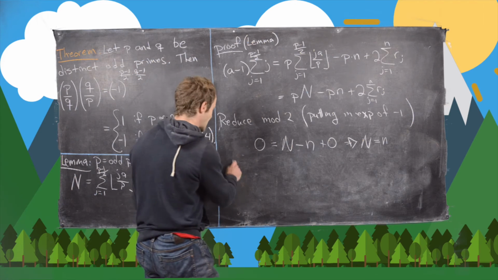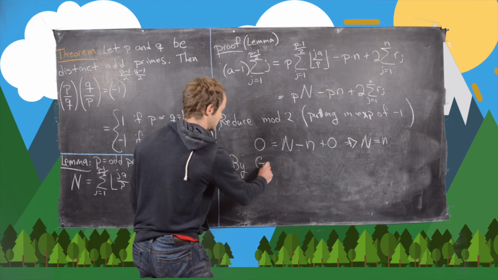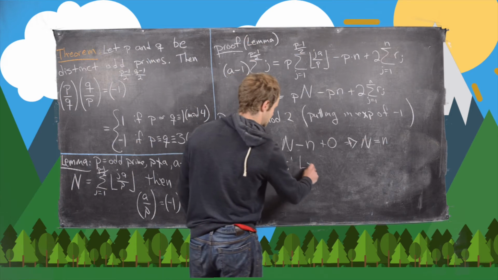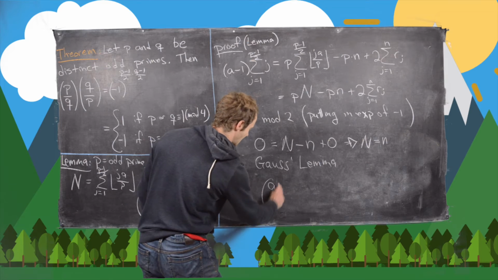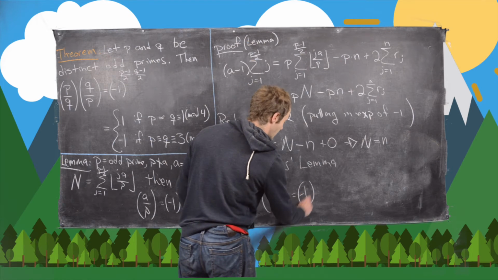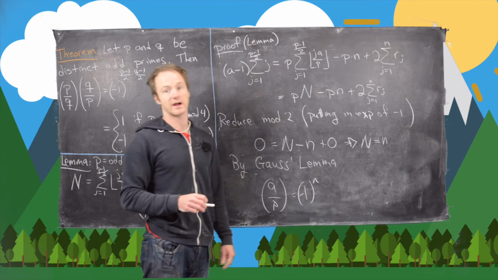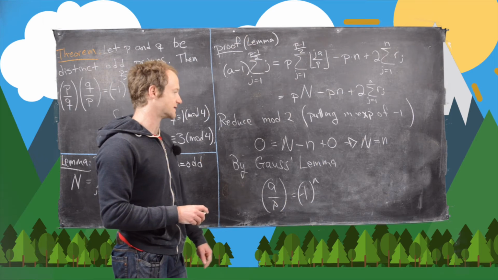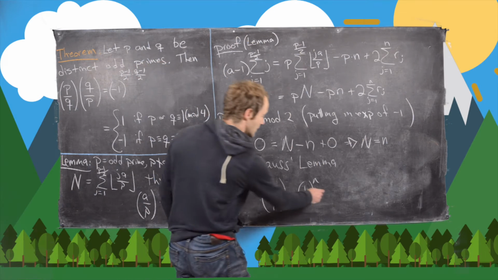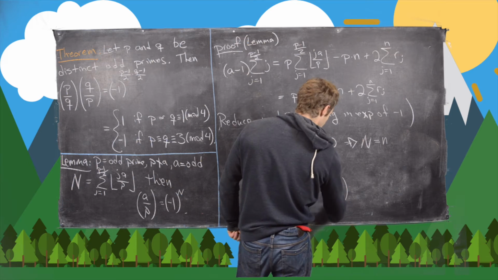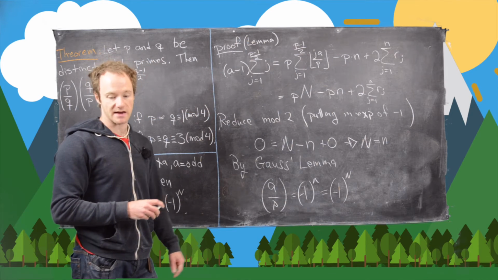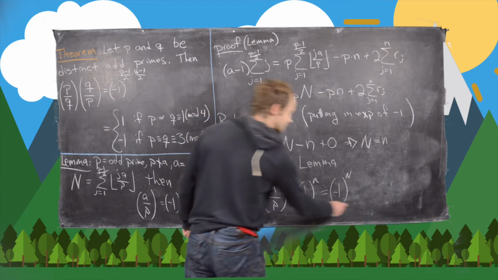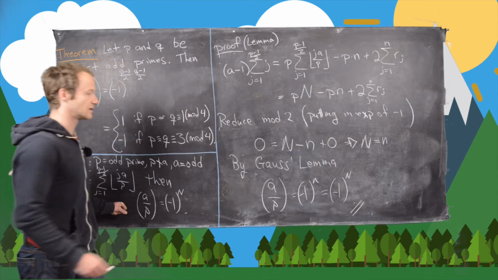And so, by Gauss's lemma, we have this Legendre symbol a by p is equal to negative 1 to that little n, where again that little n is defined as it was earlier in the proof, which is equal to negative 1 to the capital N by this argument that we just made. And this finishes the proof of this technical lemma.